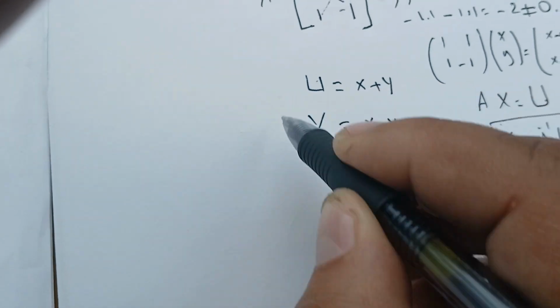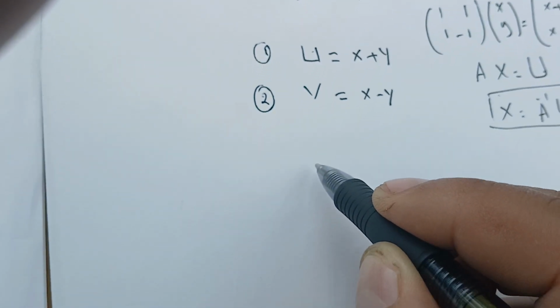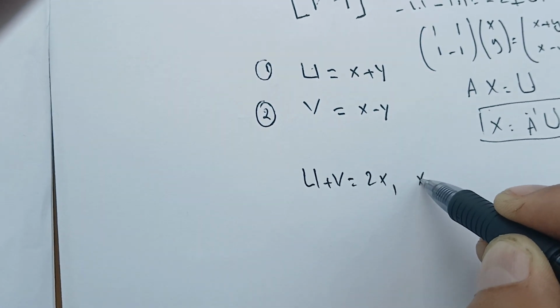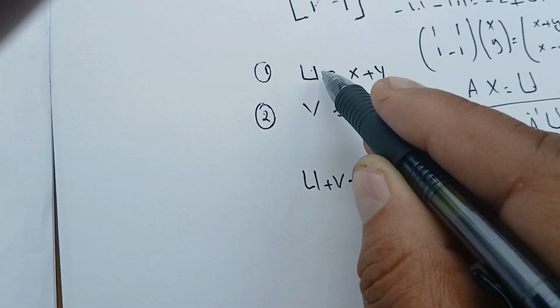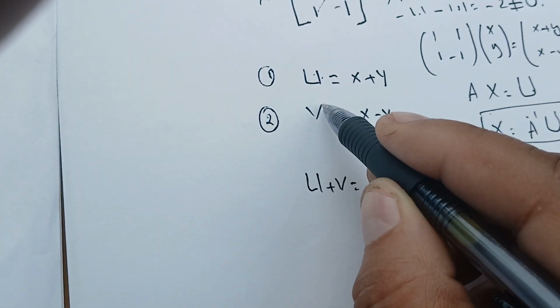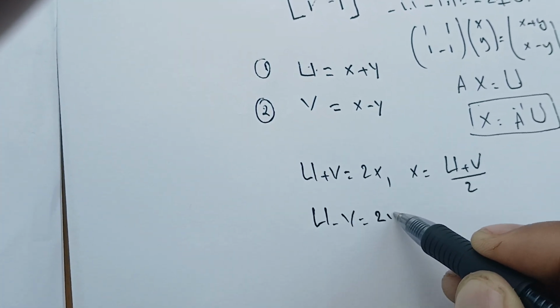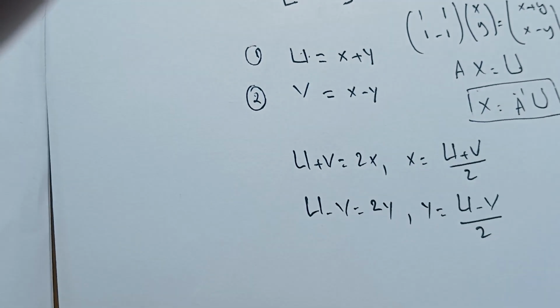Adding the first equation to the second, we get u plus v is 2x. This gives us that x is u plus v over 2. And if we take u minus v, we're gonna get 2y. So u minus v is 2y. This gives us that y is u minus v over 2.